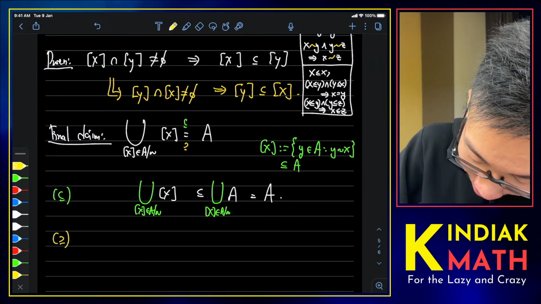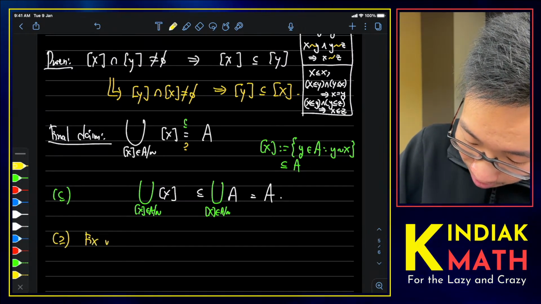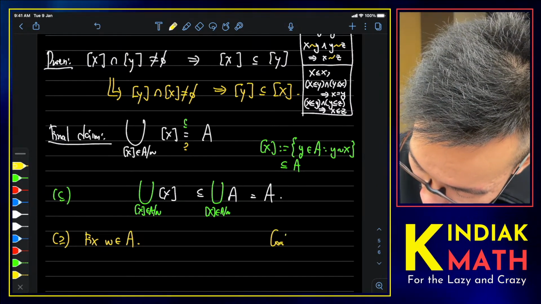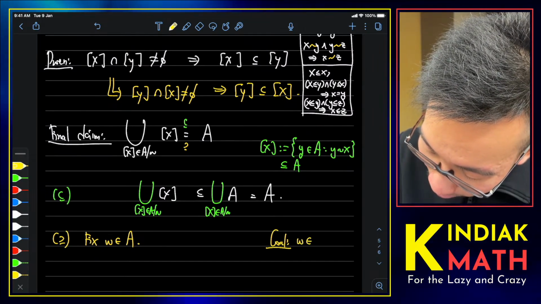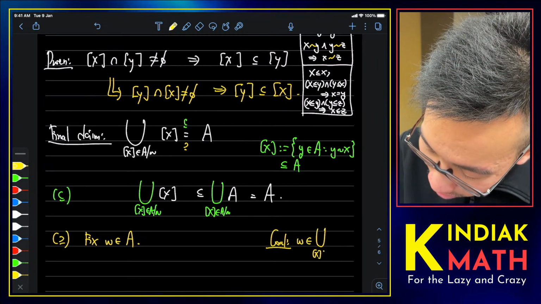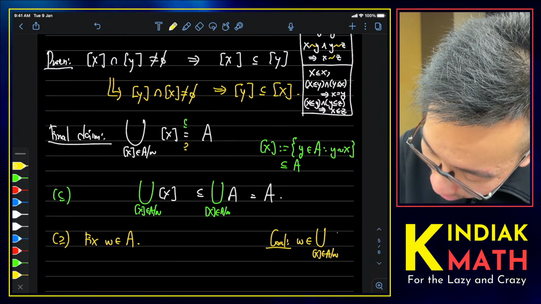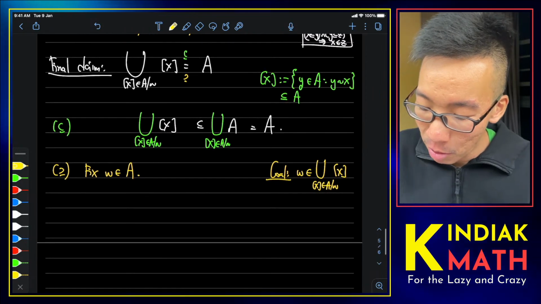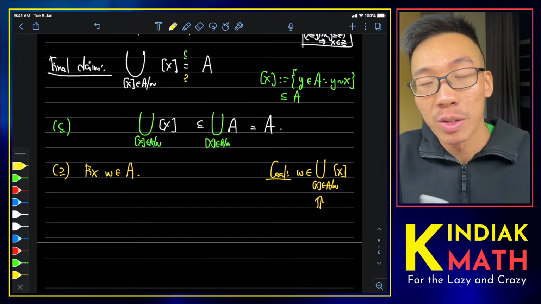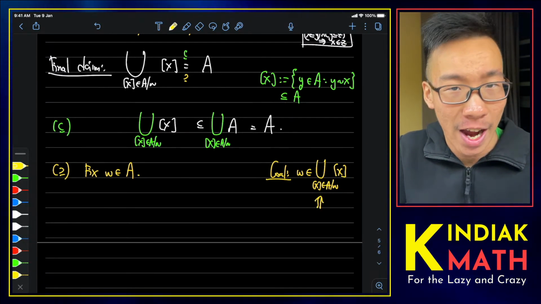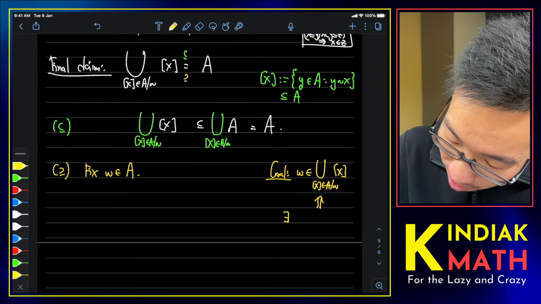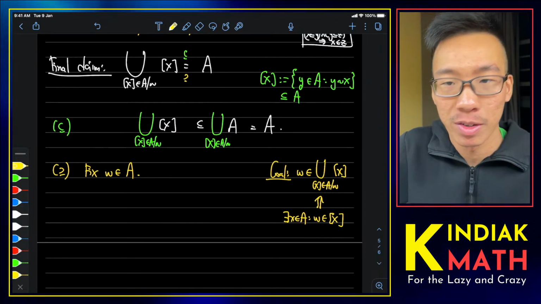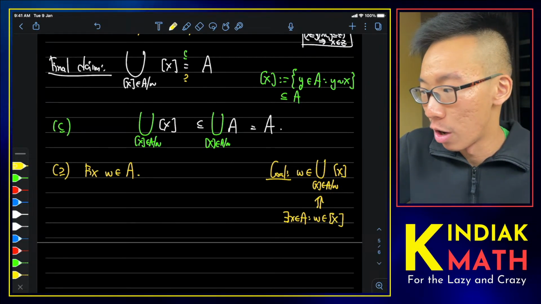So finally, for the other direction, let's fix an element W in A. Our goal is to show that W belongs to the union of equivalence classes. A more user-friendly way to think about it is that we need to find one of the items such that W belongs inside the equivalence class. Then that way it belongs into the union. All is well and all is good.